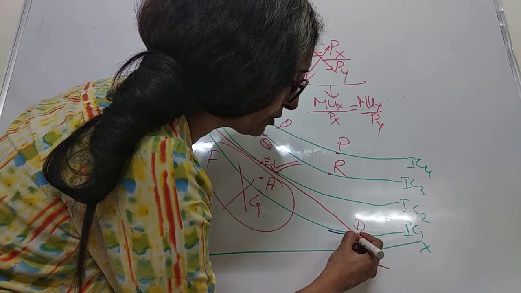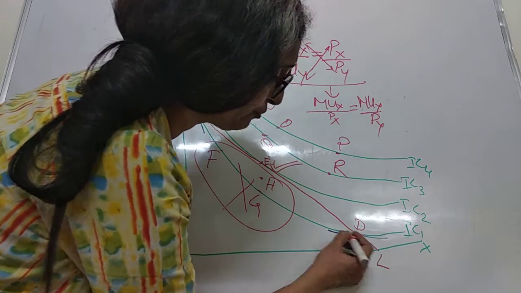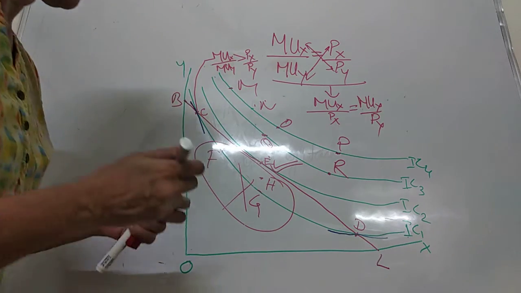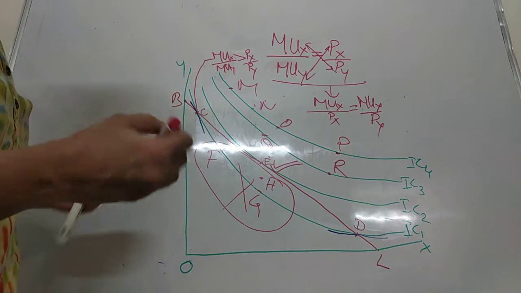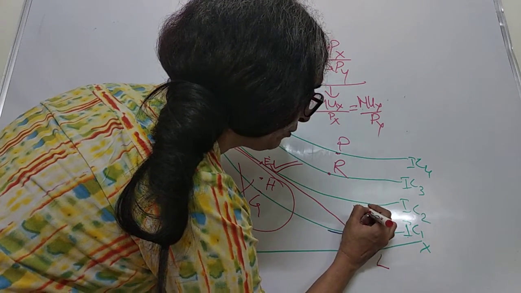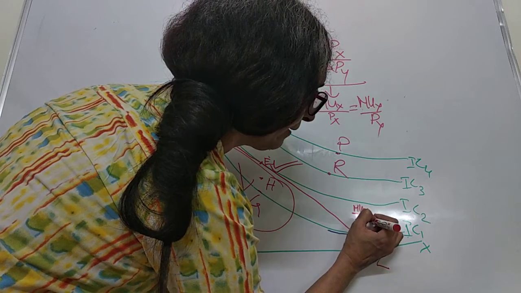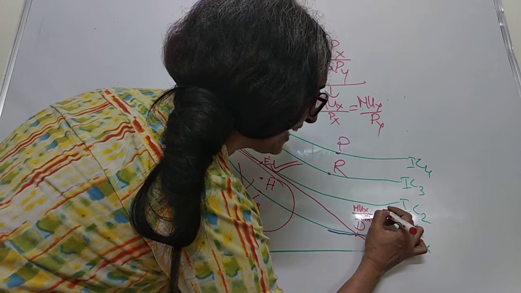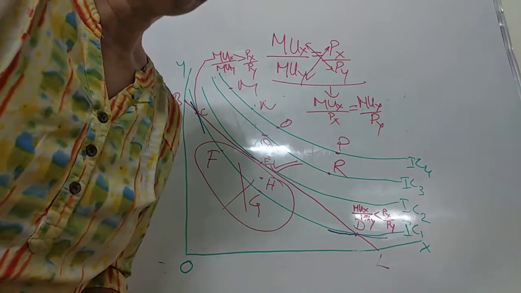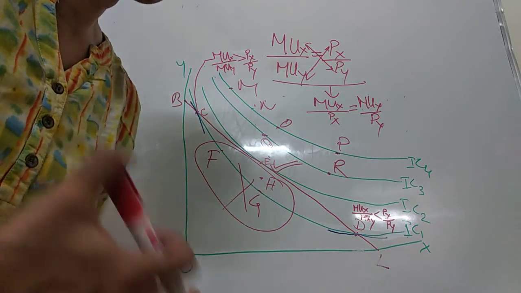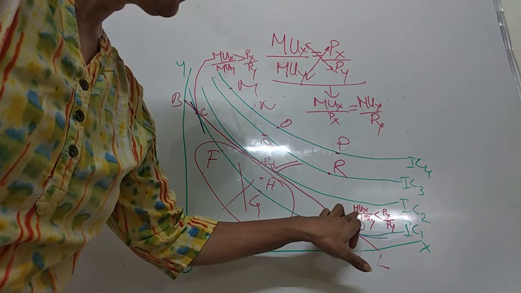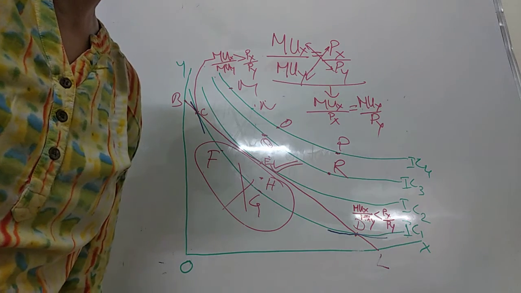Here is the tangent drawn to D. Now here if you see, this tangent has a flatter slope than the budget line, right? That means we can safely write that at this point, MUX upon MUY is less than PX upon PY. That means the consumer is getting lesser satisfaction from the consumption of X than the price that he is paying.